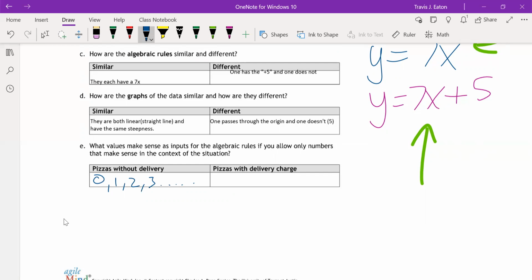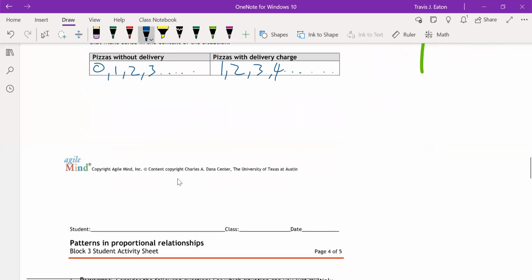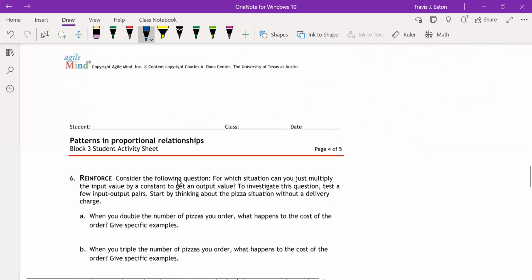In this case, you have to order 1 pizza for the answer to make sense, or you could order 2 or 3 or 4, on up until any number of pizzas. With that delivery charge tacked on there, to order 0 pizzas and get charged $5, it just doesn't make sense. It just doesn't add up, Mr. Eaton. And you're absolutely right.